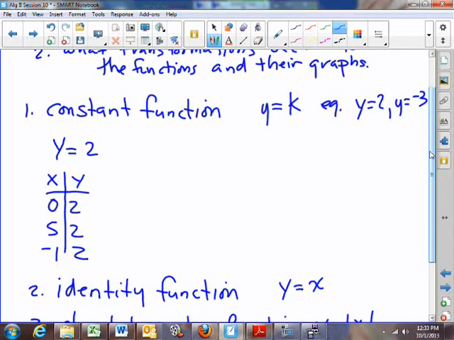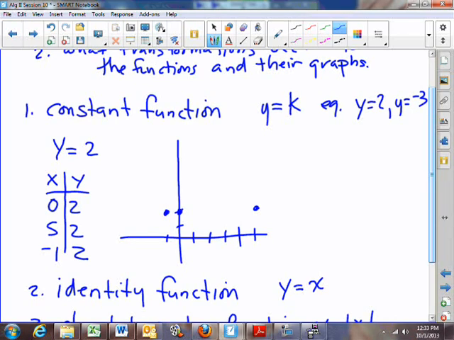So let's plot these points quickly and see what we get. We have (0, 2), that's this point right here. We have (5, 2), and we have (-1, 2).